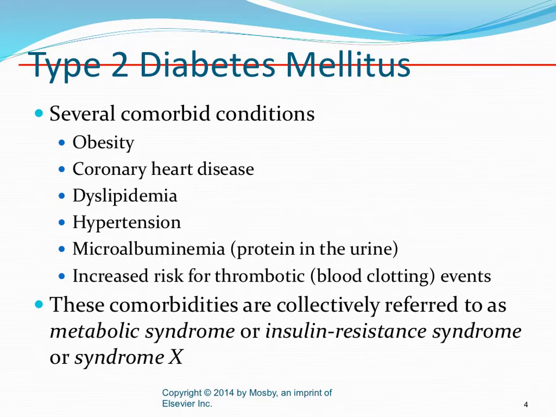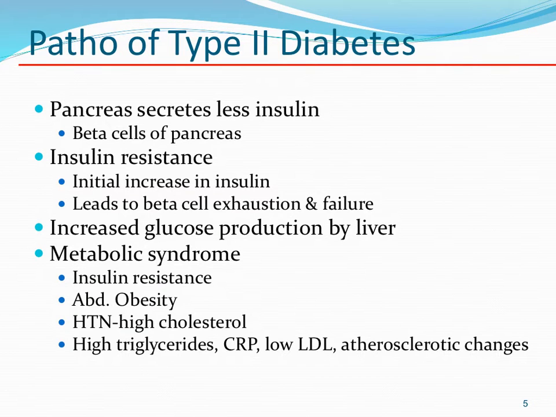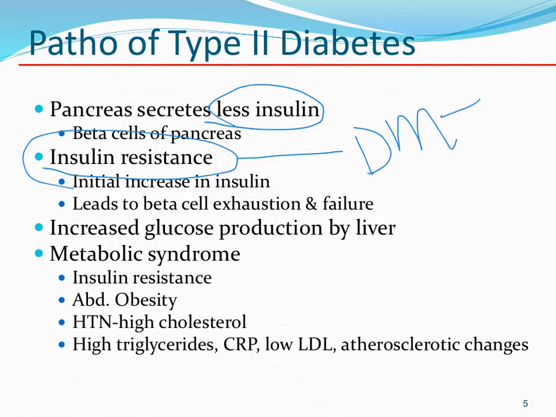These just outline comorbidities that tend to lead to or are the result of type 2 diabetes. We've talked about these extensively in class. This just kind of outlines what happens with diabetes. As we've already said, the pancreas does not secrete enough insulin to take care of the needs of the body, or a lot of times the cells have what we call insulin resistance, and this is often the case in type 2.